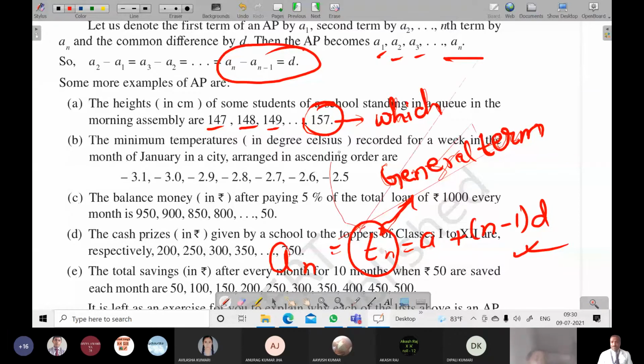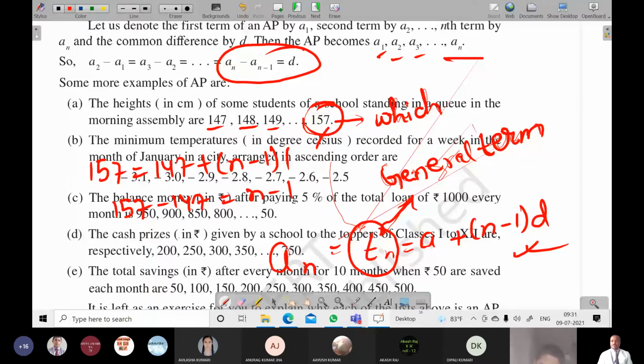Like here, if you do the same thing, 157 is equal to a, that means 147, plus n minus 1 into d, where n is the number of terms and d, the difference, is 1. When you solve, you will get the value of n. 157 minus 147 is equal to n minus 1.